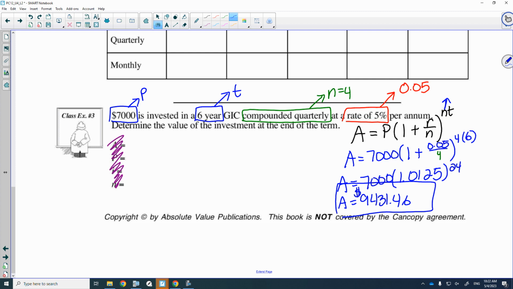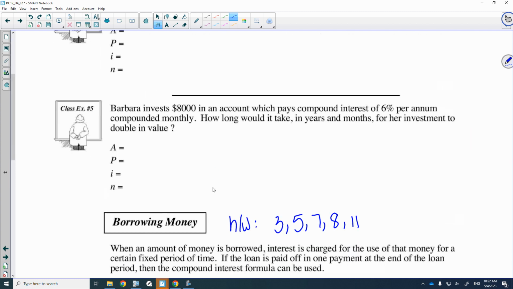Let's do number 5. Okay, let's write our formula. She invests 8,000. That's her principal.